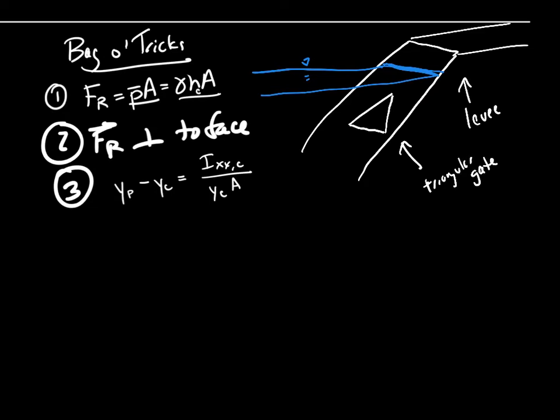I want to define these terms so that we understand what's going on here. So H sub C. We're going to identify two points on here, one of which is the centroid, and the centroid has two values we care about. One goes along the face to the surface; let me label that with a nice color.